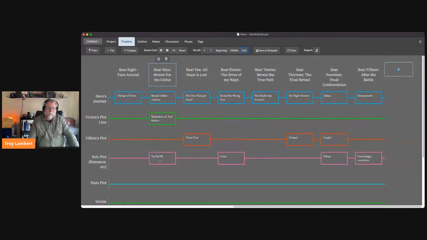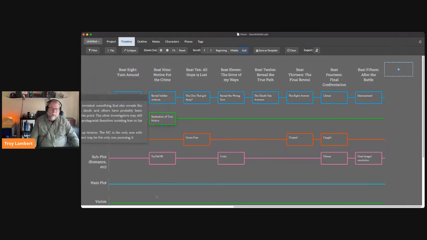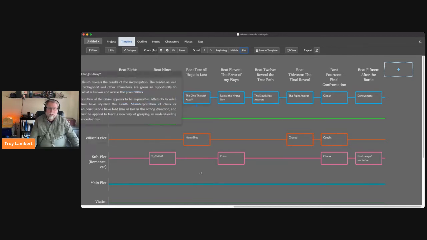Now, when we move towards the end, we start to understand the motive for the crime. So the hidden motives are revealed to the detective, and then there's a realization of the real motive that someone had to basically disrupt this person's life.